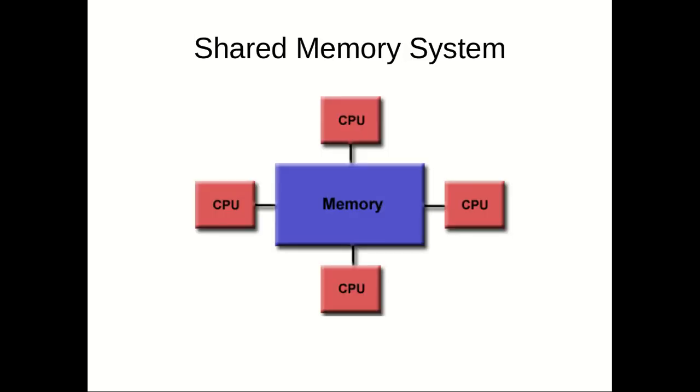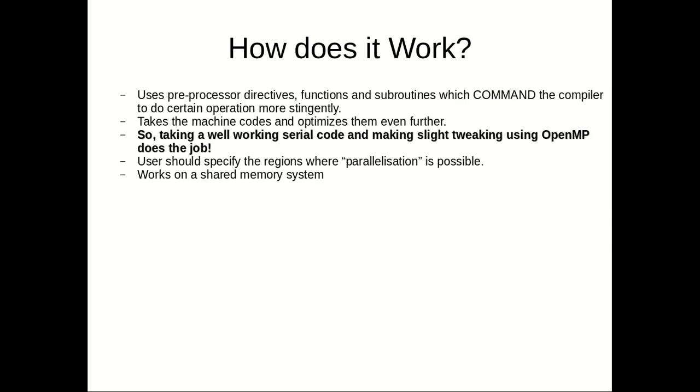Now, how does this work? It's simple. It uses preprocessed directives, functions, and subroutines in the program. These things command the compiler to do certain operations stringently. Usually, when the Fortran compiler is given the code, it reads through the code and decides what to do and what not to do.